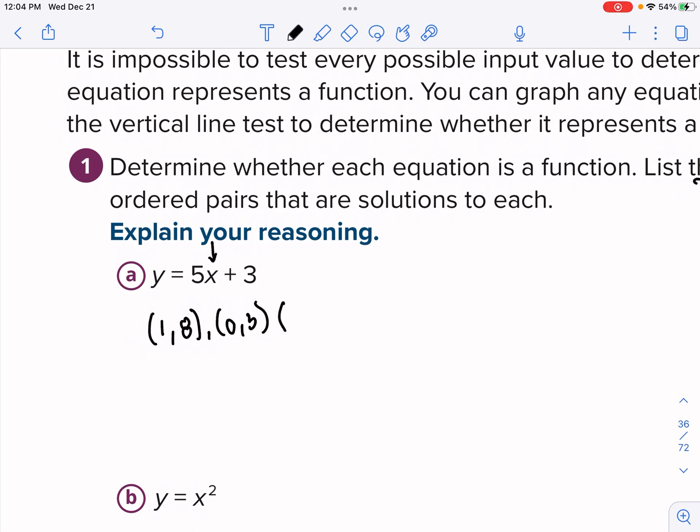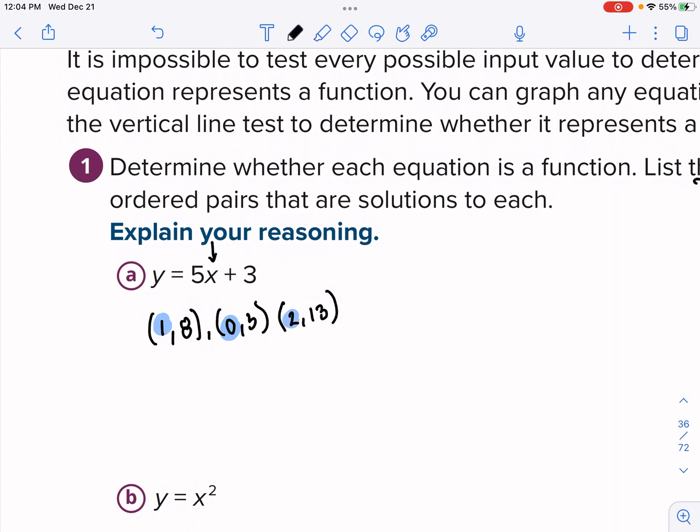And then finally, if I plug in, let's say, a 2, 5 times 2 is 10, and 10 plus 3 is 13. So I plugged in 3 values, I got 3 outputs. We have 3 ordered pairs. Can we determine whether it's a function or not? This is a function. Each input has one output.